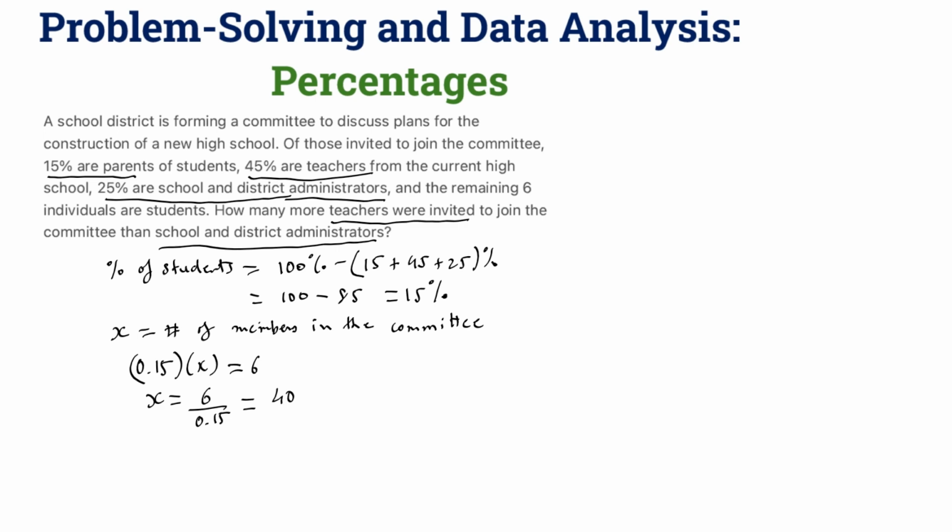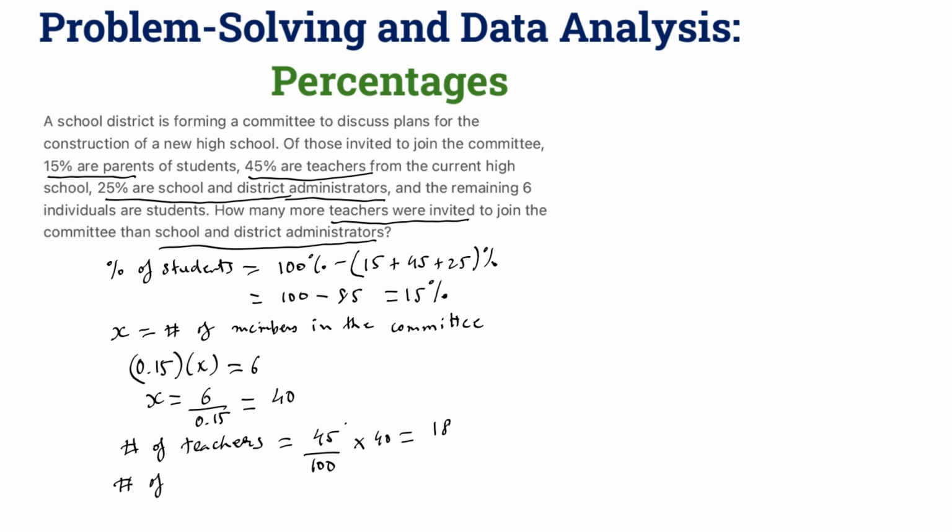Okay. So the number of teachers is going to be equal to 45%. So it's going to be 45 over 100 times 40, which is going to be equal to 18.